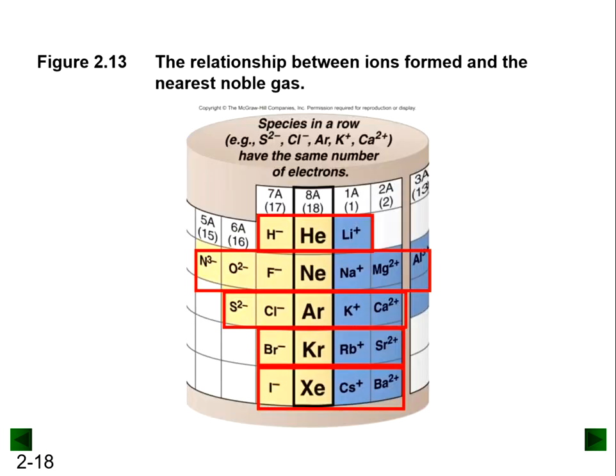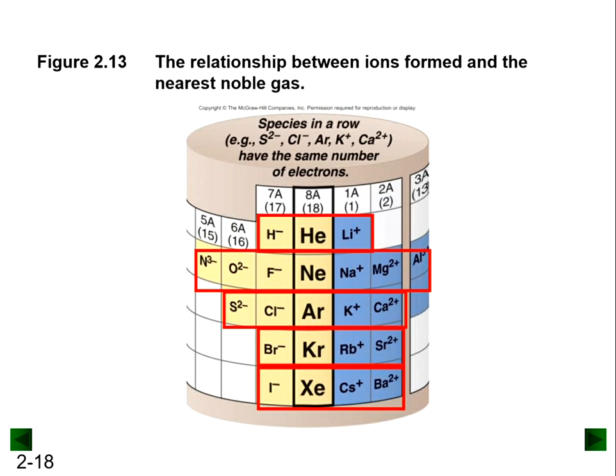This figure simply shows what we already wrote in the earlier table. Group 18, the noble gases, helium, neon, argon, krypton, and xenon, are at the center of the picture. Those are unreactive systems because they're very stable.